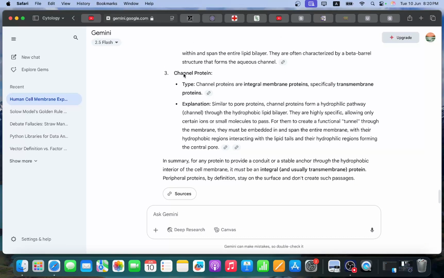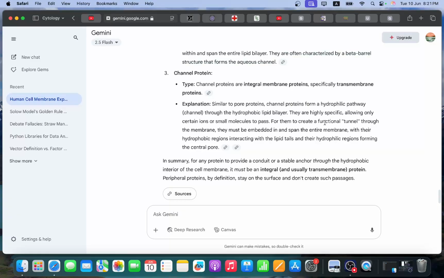Channel protein type. Channel proteins are integral membrane proteins, specifically transmembrane proteins. Explanation: similar to pore proteins, channel proteins form a hydrophilic pathway through the hydrophobic lipid bilayer. They are highly specific, allowing only certain ions or small molecules to pass.